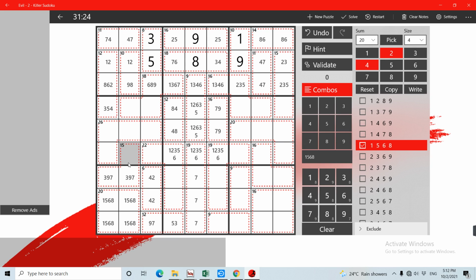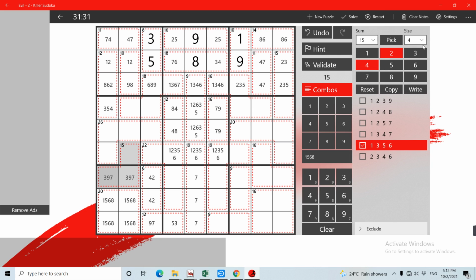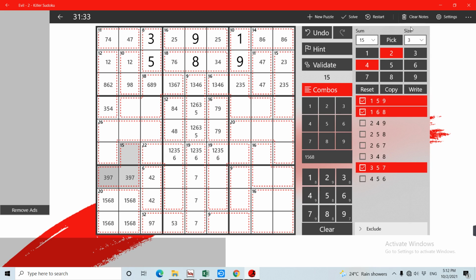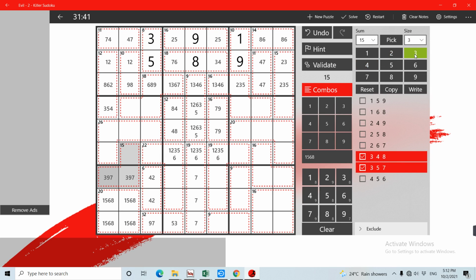So let's look for this 15. This 15, size of 3, has a 3. So 3 is compulsory. 3, 4, 8.